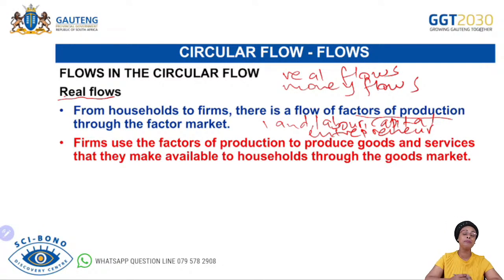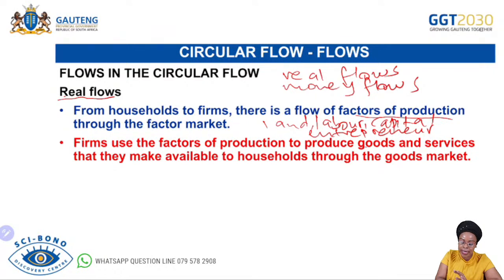They flow from the household to the firms, or from the household to the government, even from the household to the foreign sector. We have South Africans who are working in other countries. They represent labor. So the flow can be from the household to the firms, or to the government, or to the foreign sector.